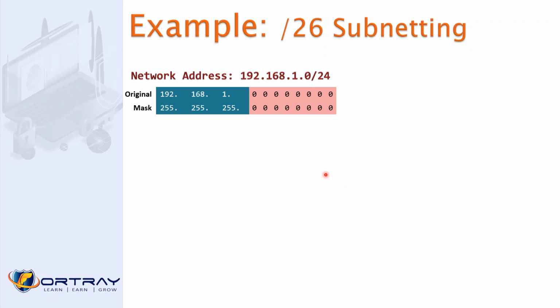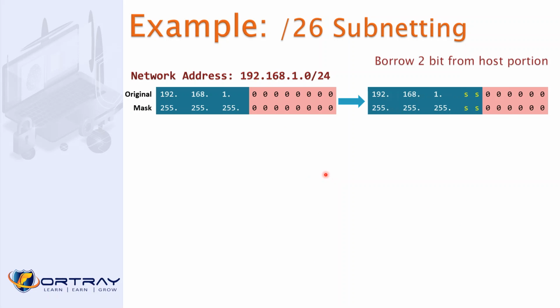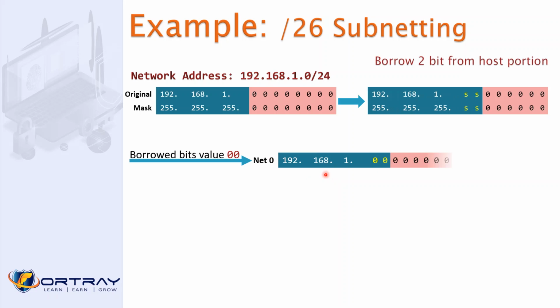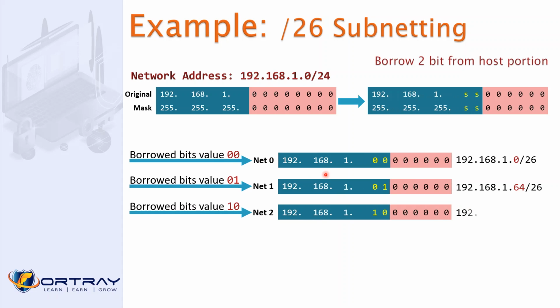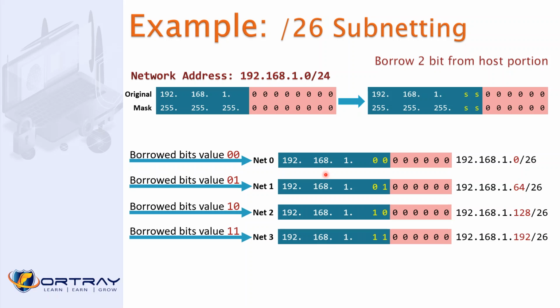Look, these are the 2 bits we have borrowed. Exactly. 64, 128. Basically, one big house has been divided into 4 portions, and each one has an equal number of IP addresses, and subnet mask as well.